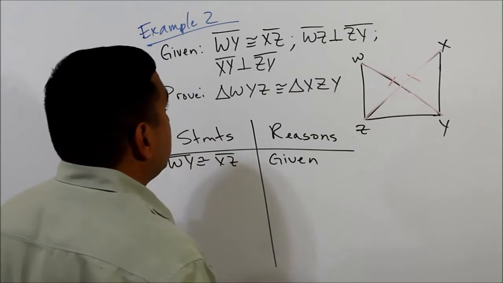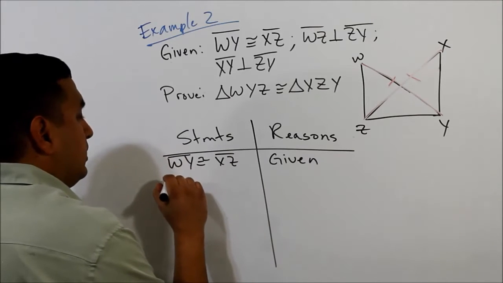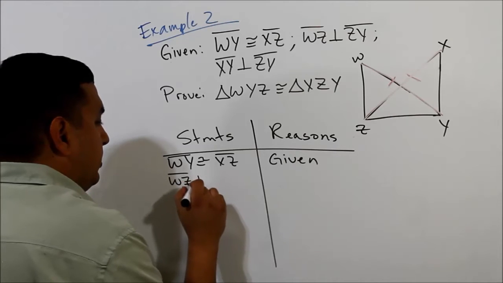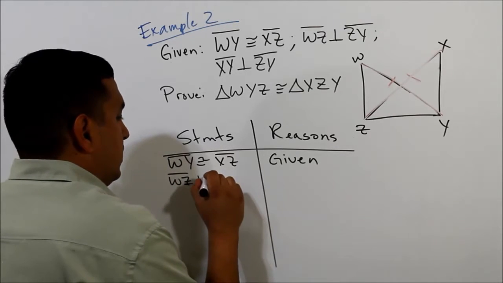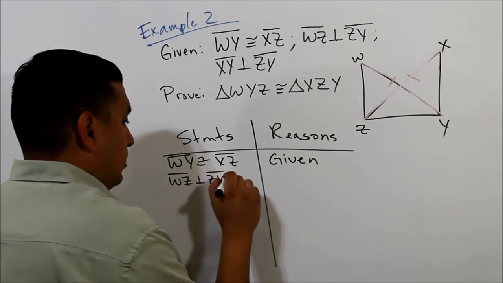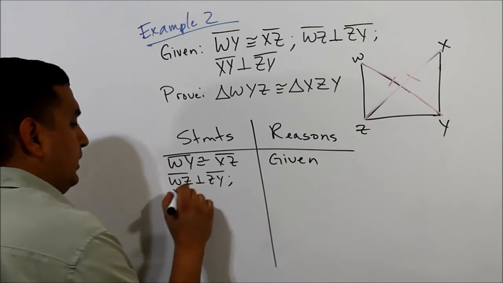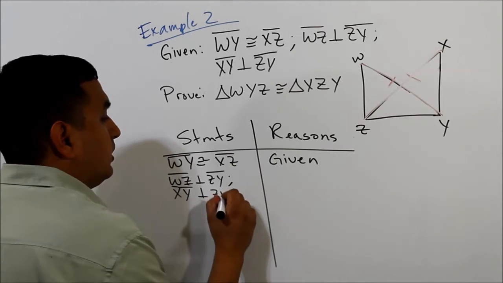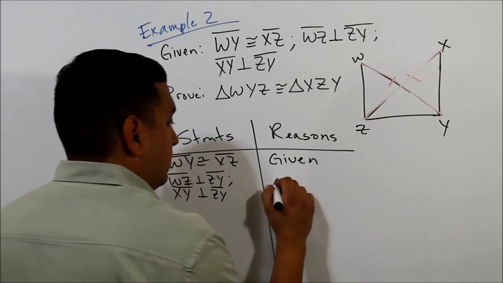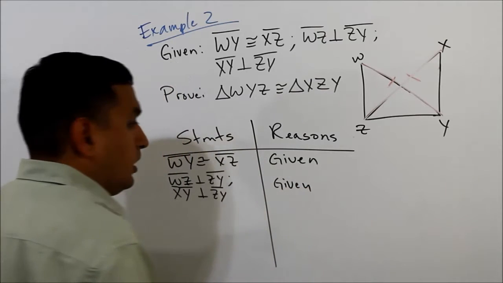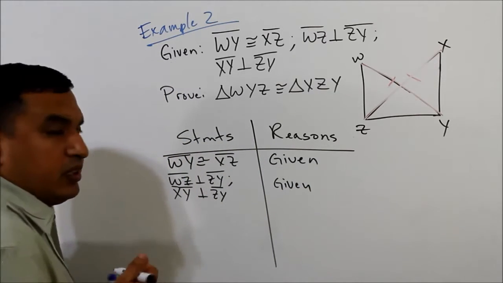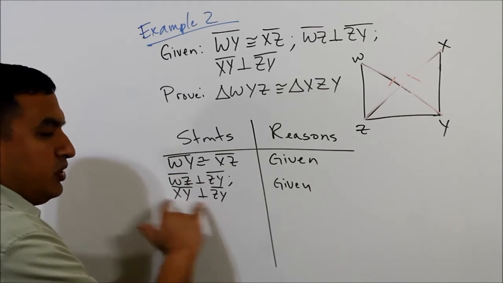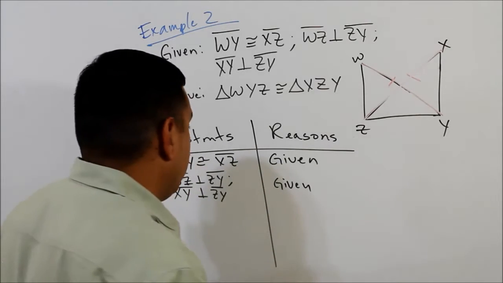I'm also told that segment WZ is perpendicular to segment ZY, and segment XY is perpendicular to segment ZY. Okay. Now we have to go to what perpendicular actually means. That means that these two segments and these two segments both intersect at a 90-degree angle.